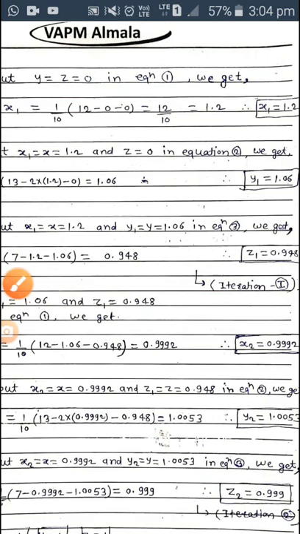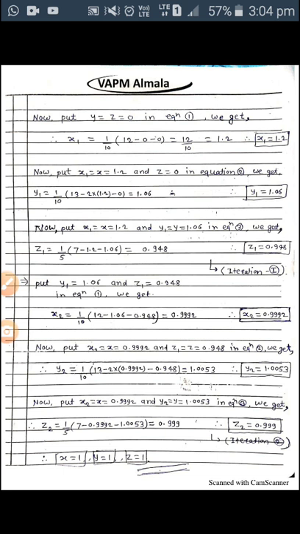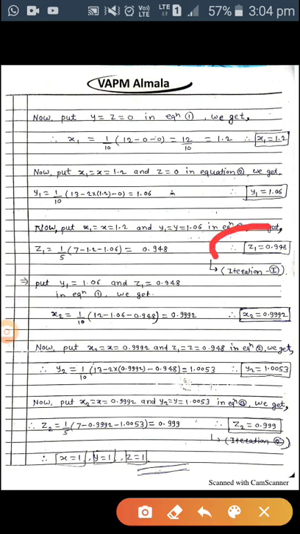Then we get the first value of z, that is z1 = 0.948. So in this manner, starting from y = 0 and z = 0, we obtain 3 values: x1 = 1.2, y1 = 1.06, and z1 = 0.948.